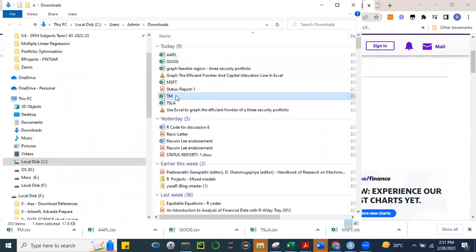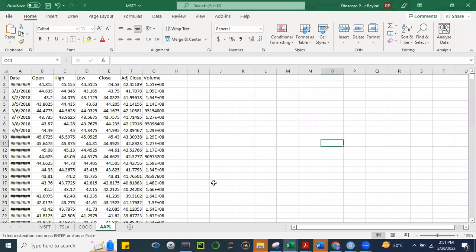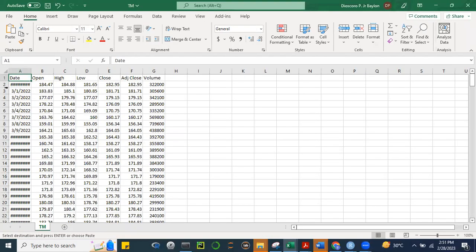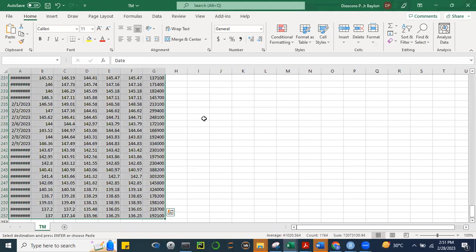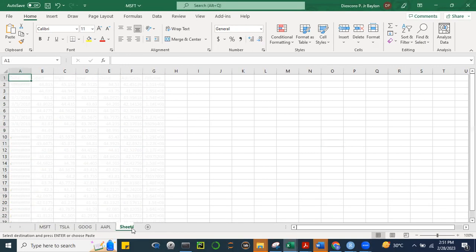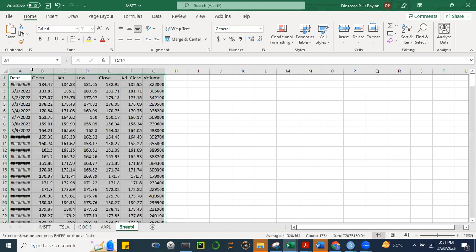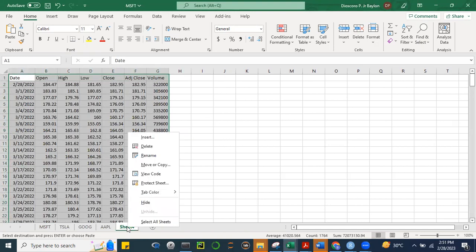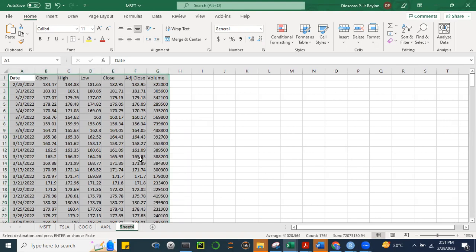Let's open TM. Control C. Then let's save it again in our Microsoft. Control V. All right. Then let's call this TM, Toyota Motors.